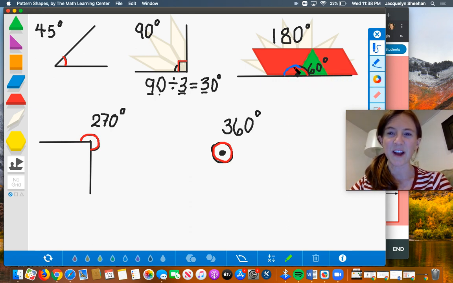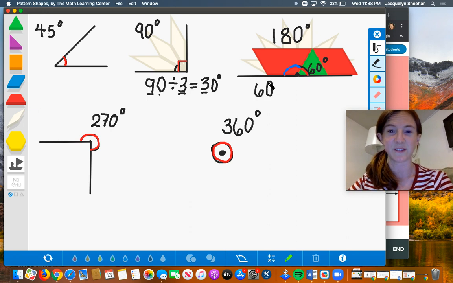How could I figure out this angle, if I know that part of it is 60 and the whole thing, my benchmark angle, is 180? How could I figure this out? Well, I know that 60 plus something equals 180, so I could write that as an addition sentence, which you have to do on the next slide.